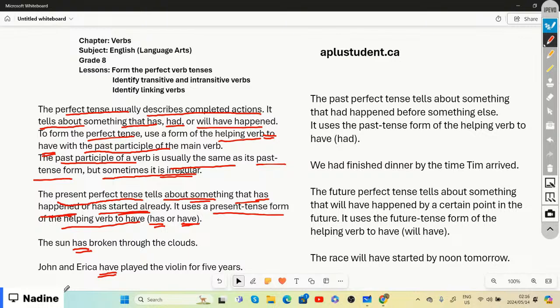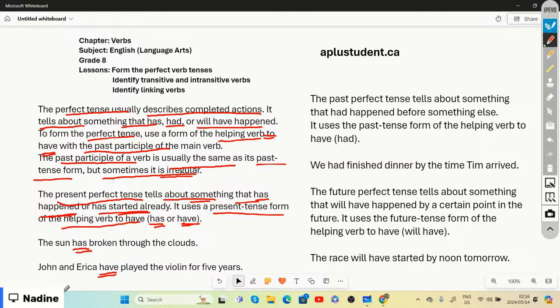And then we can go to the future perfect tense, right? And the future perfect tense tells about something that will have happened by a certain point in the future. And remember, whenever we use future tense, we also use the word will.